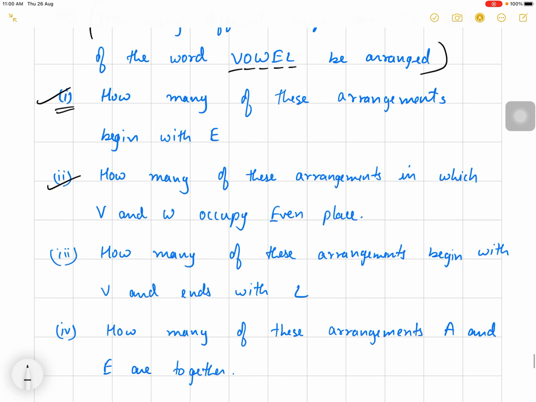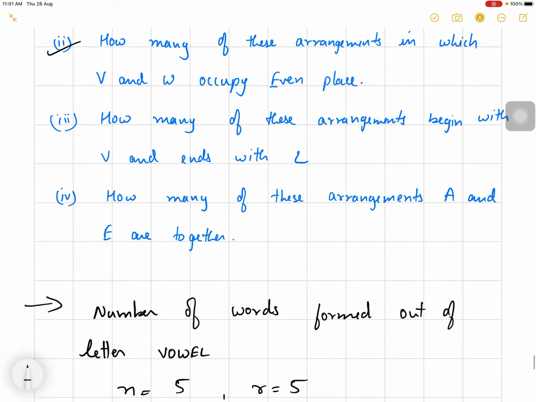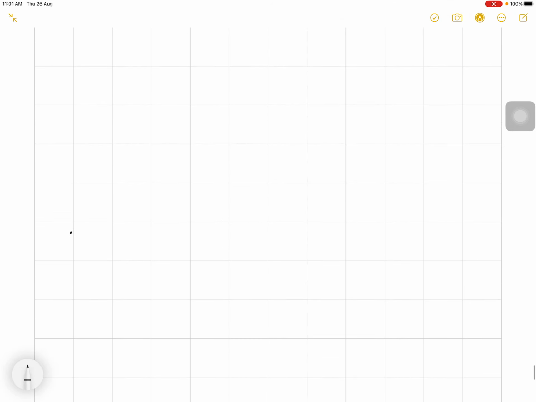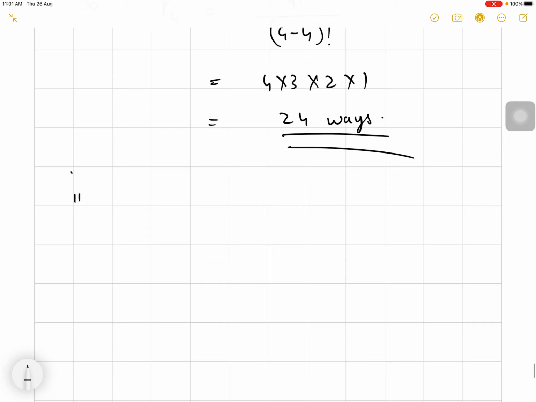Okay, next. How many of these arrangements in which V and W occupy even place? Okay. So now there are 5 places. 1, 2, 3, 4, 5. So now second place and fourth place is the even place. Correct?